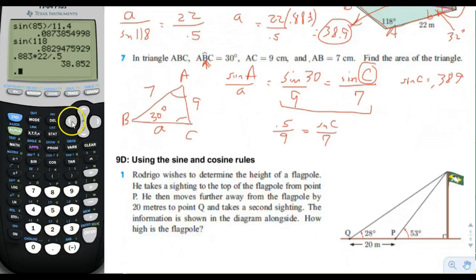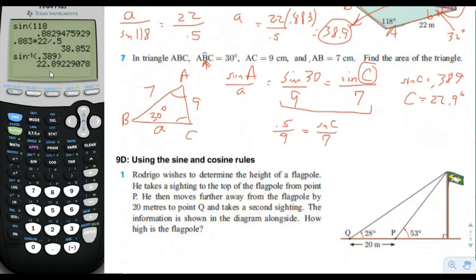So we'll do inverse sine, which is second sine, and then we'll put 0.389. And then we'll get 22.9 degrees, right? So angle C is 22.9 degrees.